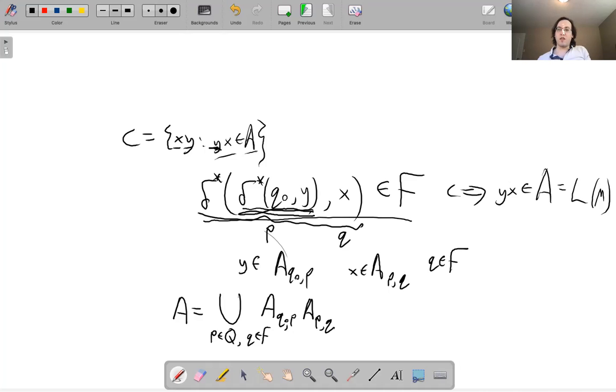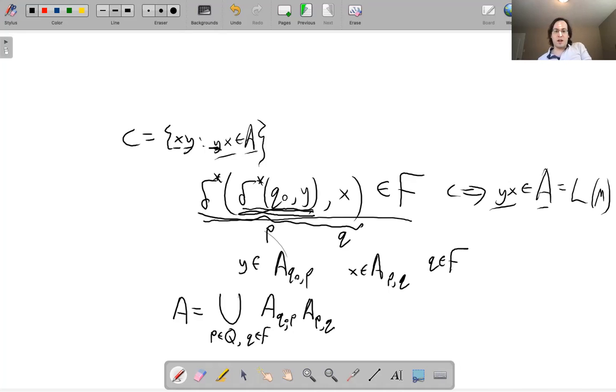A can be written as this union of concatenated pieces, basically because anything in A can be split into two pieces in any way you want. The first piece lets you reach state P, and then the second goes from P to Q, and Q has to be an accept state.